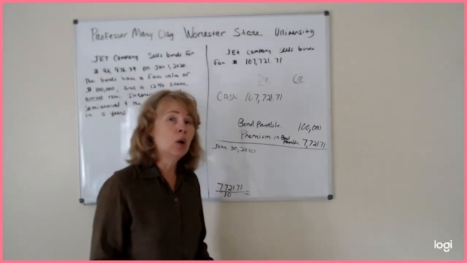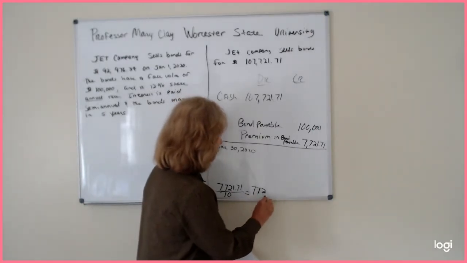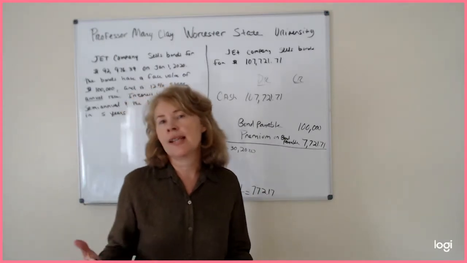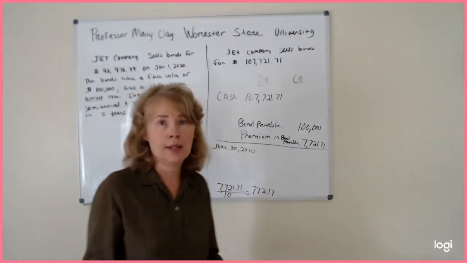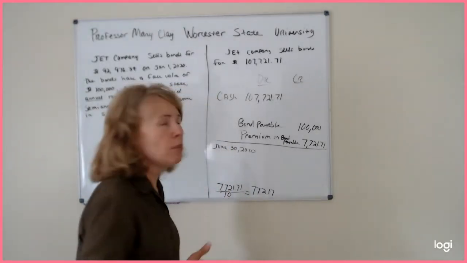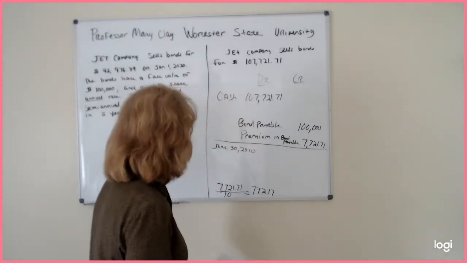What does that equal? That equals 772.17. Most bonds aren't to the cent, but I just wanted to show you this one in the video with cents, because some of them can be this complicated. Most of yours in the lab will be rounded to a nice dollar figure.